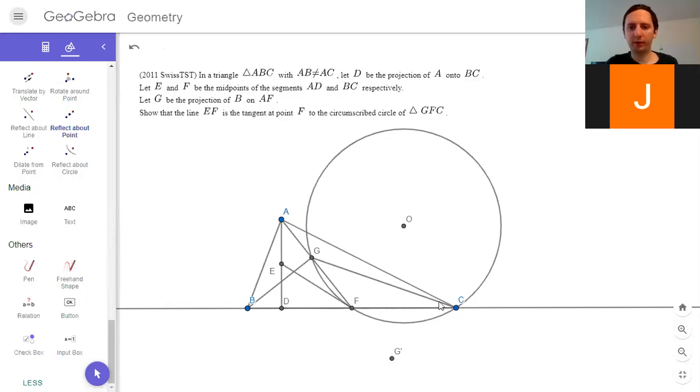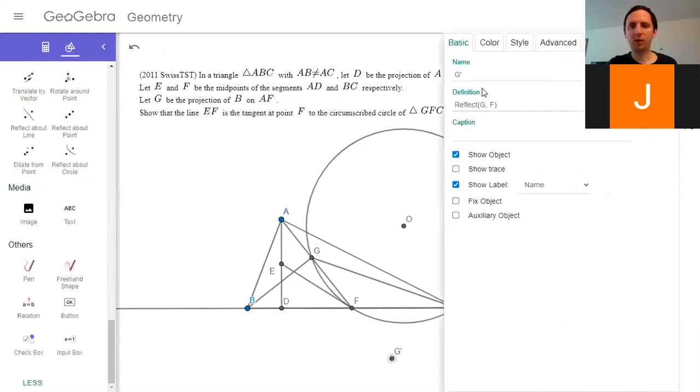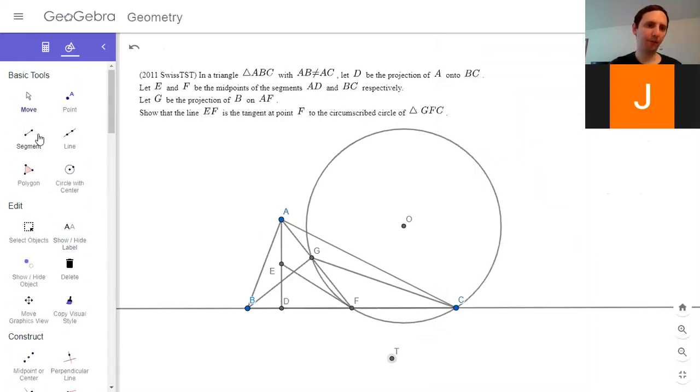T is a reflection of G. Oh, that's T. Okay. So this might be it. Let's see. So CGT is similar to ADF.